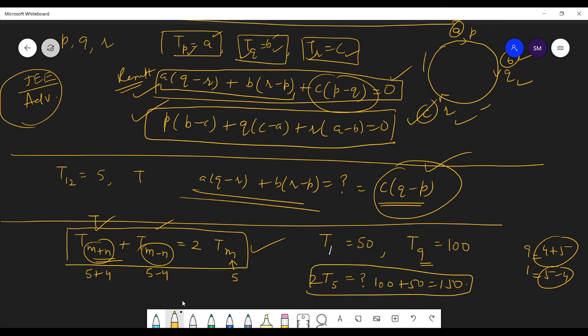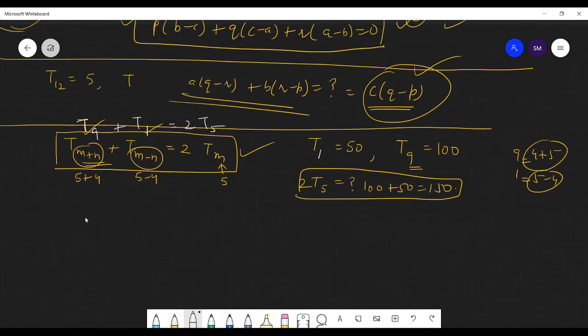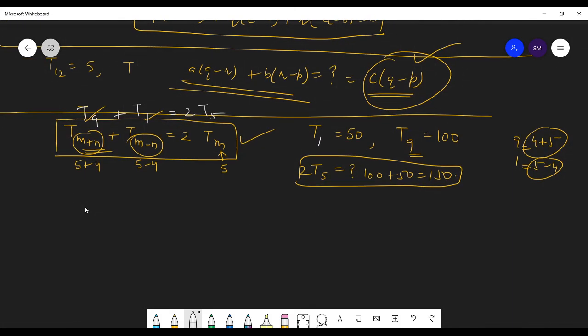Yes. भाई ये आपका क्या हो गया? दिस इज योर T9, दिस इज योर T1 एंड दिस इज योर 2T5. एक और क्वेश्चन करेंगे ऐसा ही. हाँ. स्टूडेंट्स, ये फॉर्मूला शीट बना लेना अपनी. Okay, sir. चलो एक और क्वेश्चन करो.